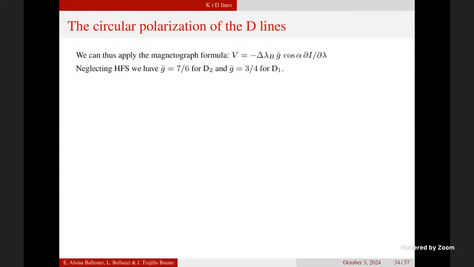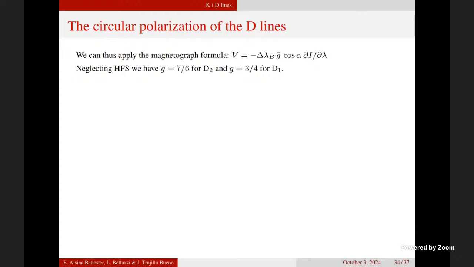Now, this is interesting because we can try to apply the magnetograph formula. Solar physicists will quickly recognize this formula, which is used in our field, in which one can relate the circular polarization to the derivative of the intensity, multiplied by a factor proportional to the magnetic splitting.